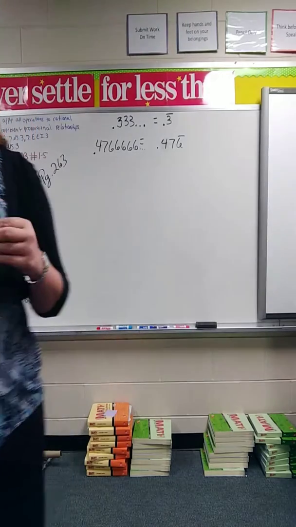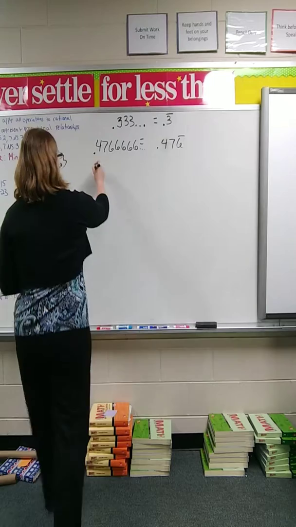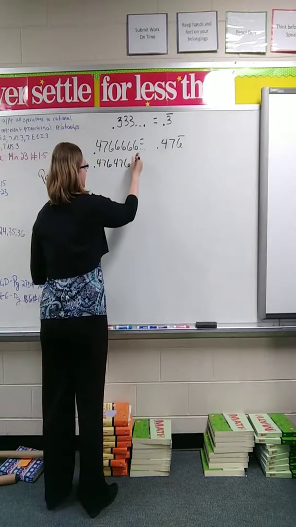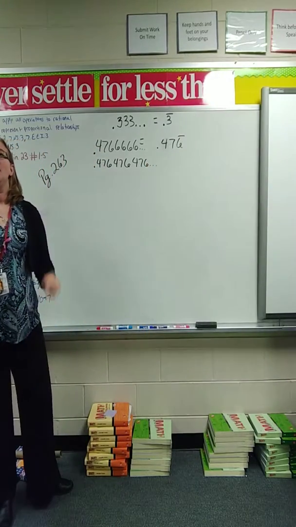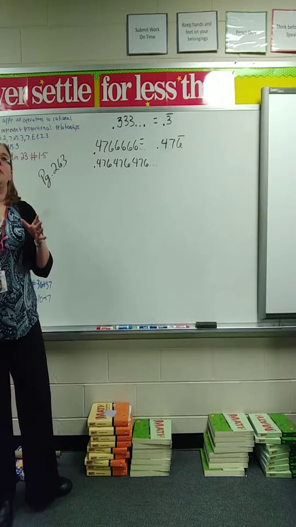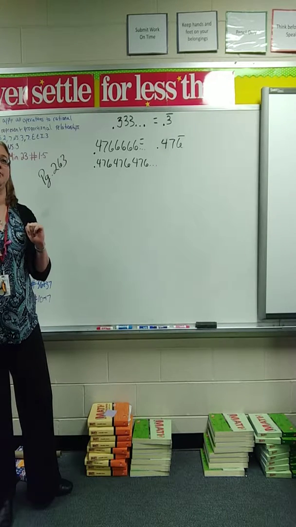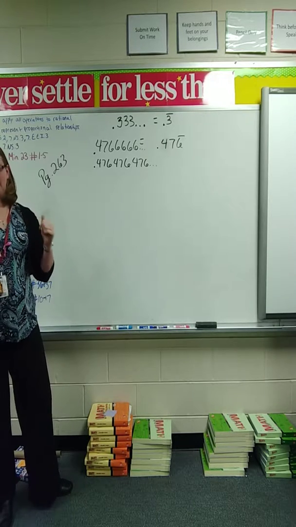If you put the bar over the whole thing, then that would say that we had 0.476, 476, 476. So, where the bar is located matters. Paying attention to what I'm telling you right now matters.